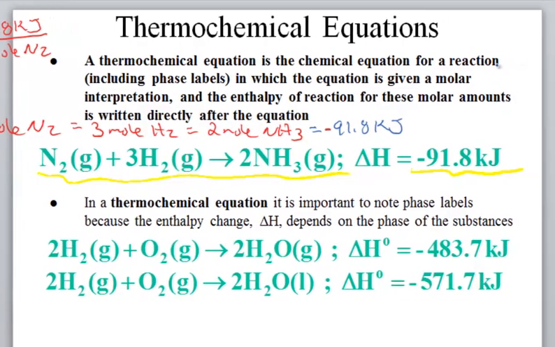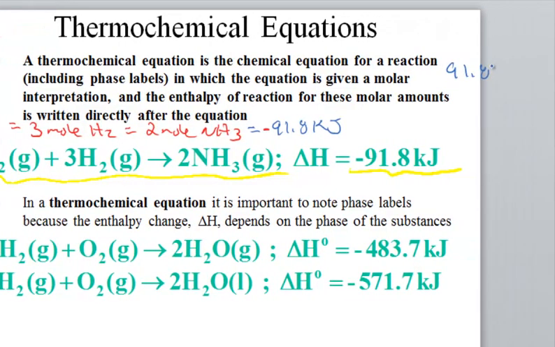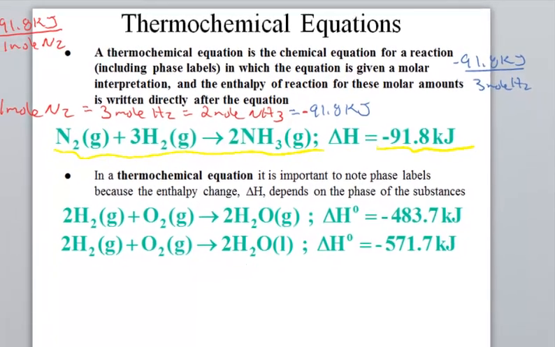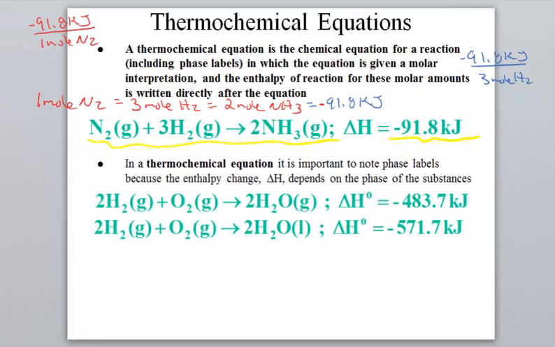Or you could say 91.8 kilojoules for every 3 moles of H2 that reacts. And you can include the negative if you want to. But the enthalpy gives you a mole to kilojoule relationship, a mole to energy relationship. Mole to mole, mole to energy.